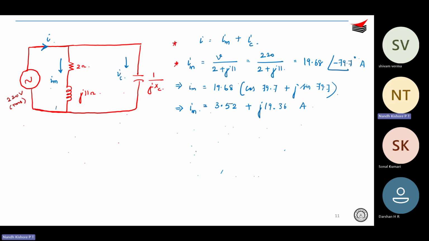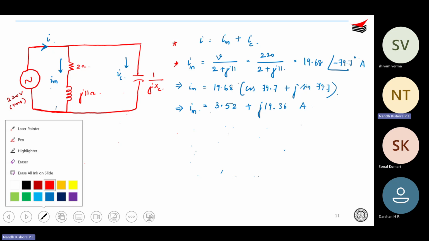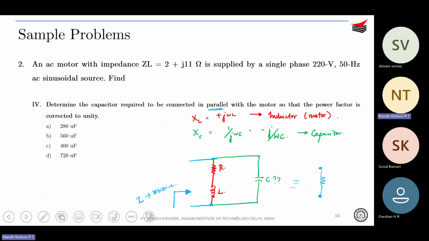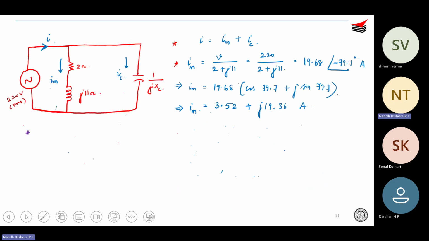Now the question is, how do I use the capacitor so that I can compensate this? We already told in the previous slide that I want to see a resistive impedance, which means that the total current I should not have any imaginary part.